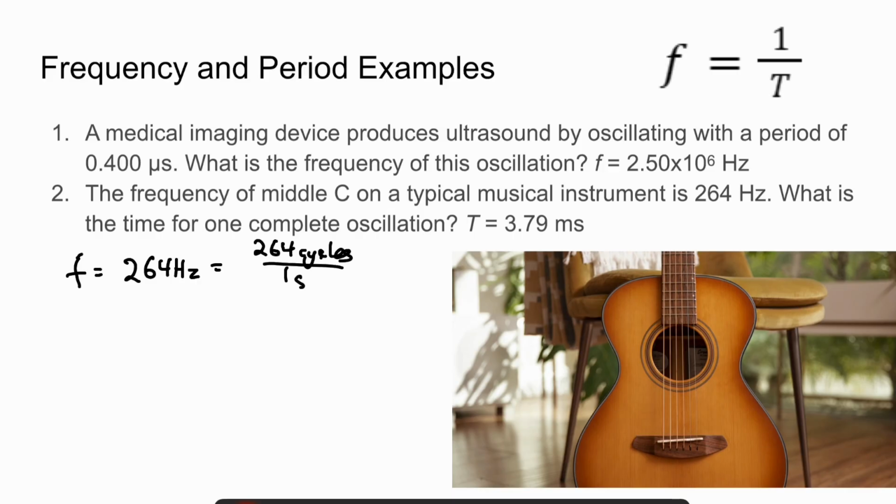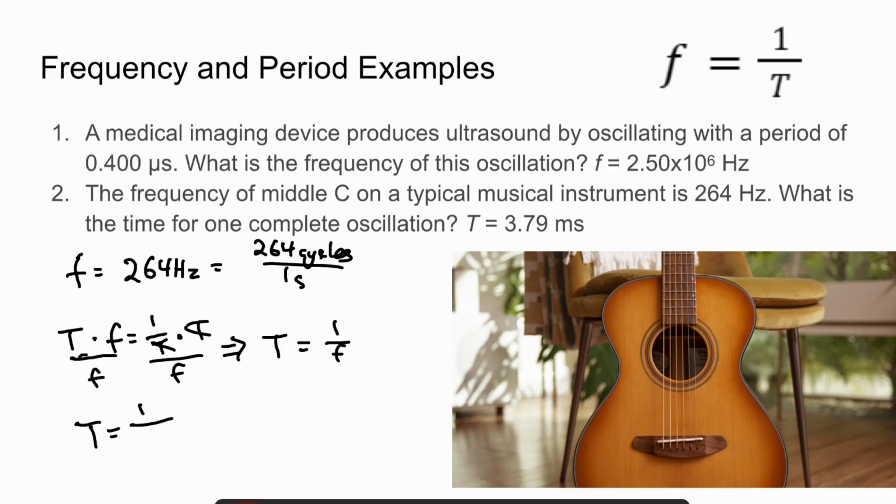Right? So if frequency is the inverse of period, then to get period, let's bring period into the numerator by multiplying by period, and then we'll divide by frequency. And so we end up with period equals 1 over frequency, or period is the inverse of frequency, which since frequency is the inverse of period, that makes sense. So if we want to find our period here, we'll take 1 divided by our frequency, which is 264 inverse seconds.